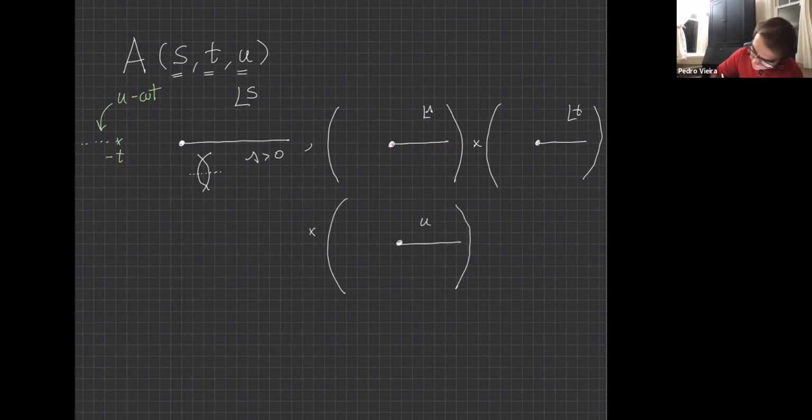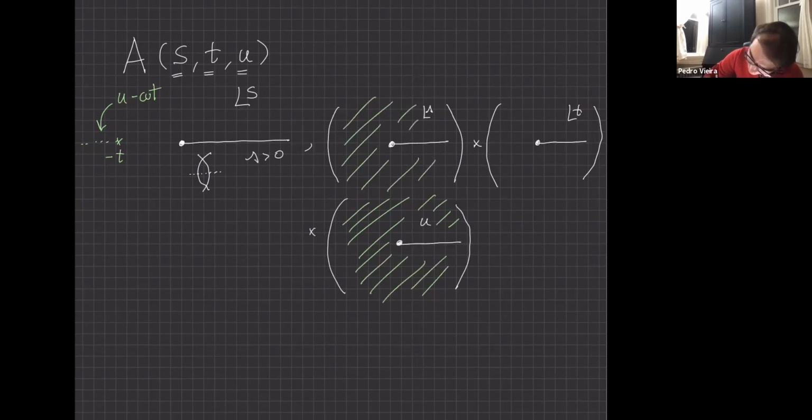So we imagine a function that takes value in these cut planes: a cut plane for u, a cut plane for s, and a cut plane for t.